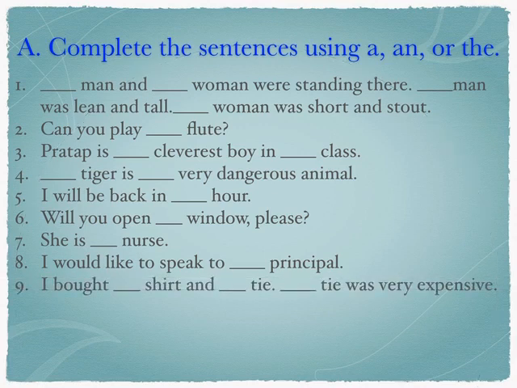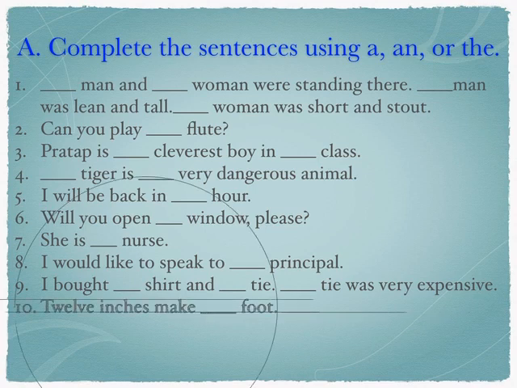I bought dash shirt and dash tie. Dash tie was very expensive. I bought a shirt, consonant sound, and a tie, consonant sound. Here "a" will come. Now you are very sure that you are talking about that particular tie only, so here: the tie was very expensive. When the word is repeating, at that time you can use "the". Twelve inches make dash foot.